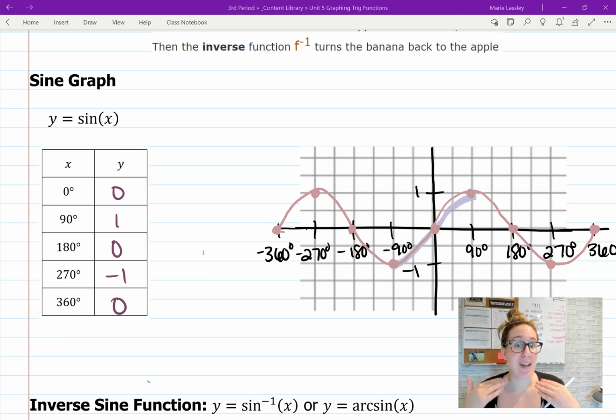So when we're doing inverse sine, we're only going to be looking at values from -90 to +90, which is our quadrant 1 and right below it, quadrant 4. All right, so we'll write this down.